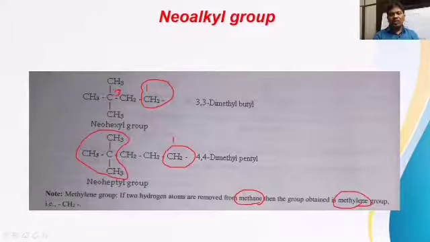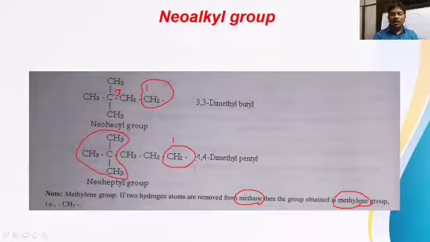It is obtained by the removal of two hydrogens from CH4. Bond CH2 bond is called methylene group.